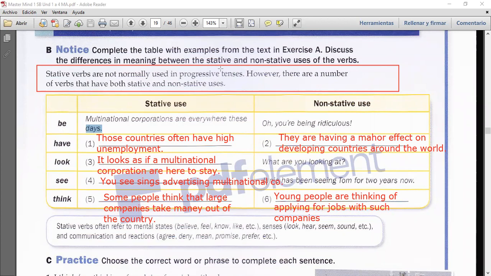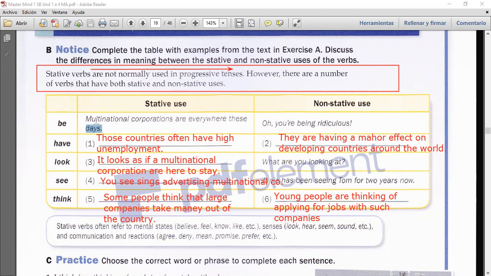So we were saying that these stative verbs be, have, look, see, think are not normally used in progressive tenses. However, there are a number of verbs that have both stative and non-stative use.